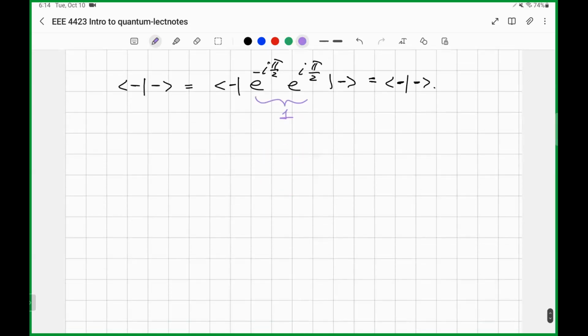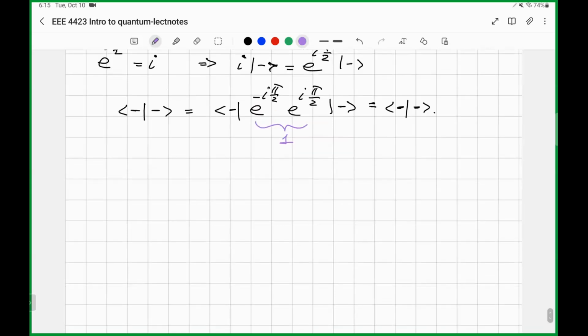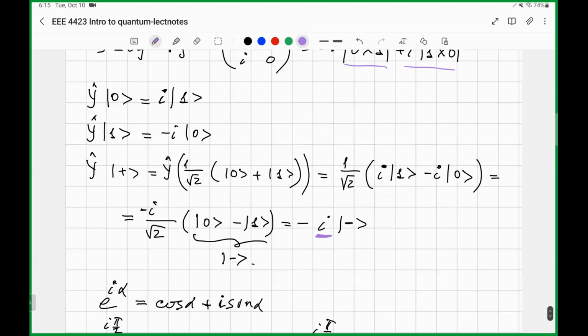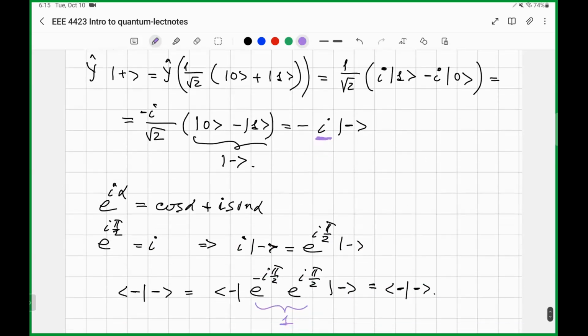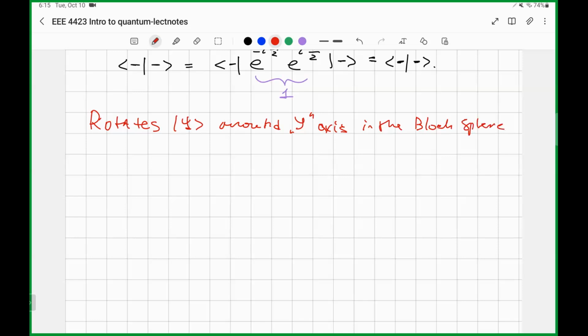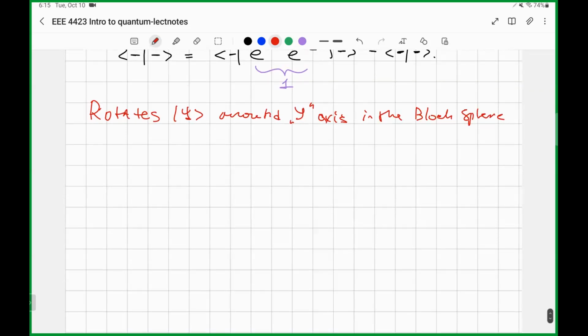Okay. So this is the Y gate. What the Y gate basically does is rotate the state around the Y axis in the Bloch sphere by angle pi.